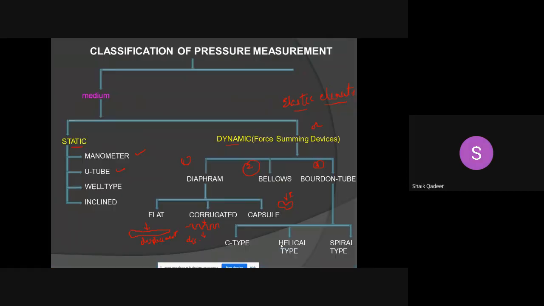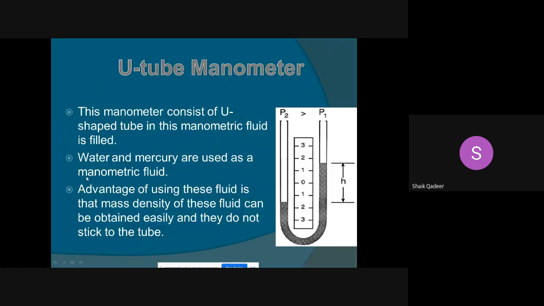Okay, let us consider the static medium pressure measurement. As I already told you, I am going to cover only the U-tube manometer. This is the U-tube manometer. The construction is very simple. It consists of a U-shaped tube having a scale connected.